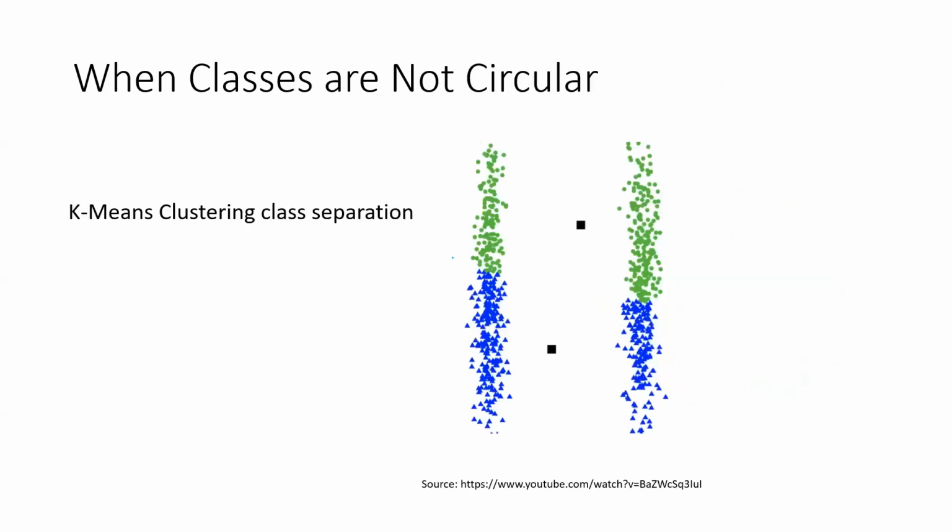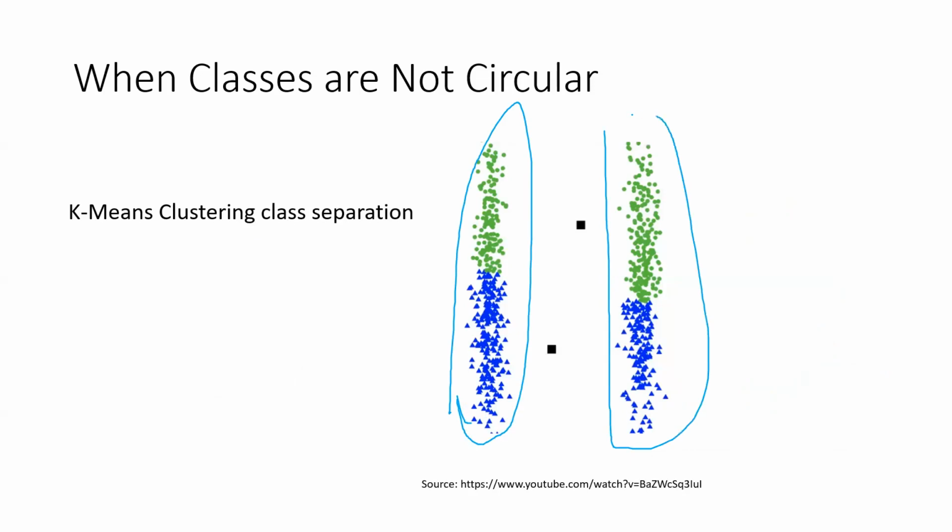And the other requirement is that the k-means clusters have to be circular. So suppose these are the cluster boundaries. So suppose these are the clusters, but because they are not circular, they have some rod-like structure.